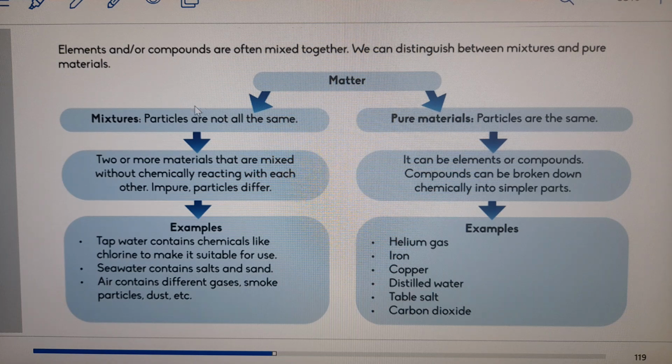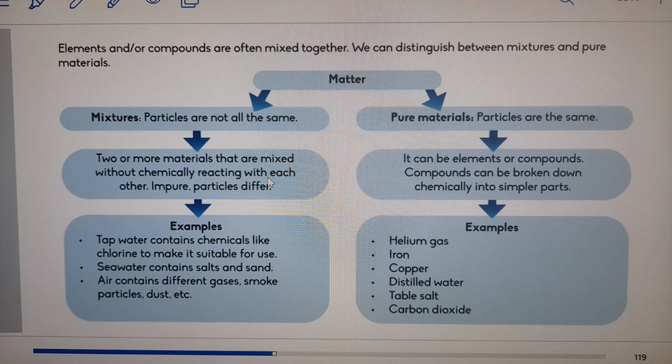Now let's look at mixtures. Mixtures are particles that are not all the same. They are 2 or more materials that are mixed without chemically reacting with each other. Mixtures are impure and particles are different.